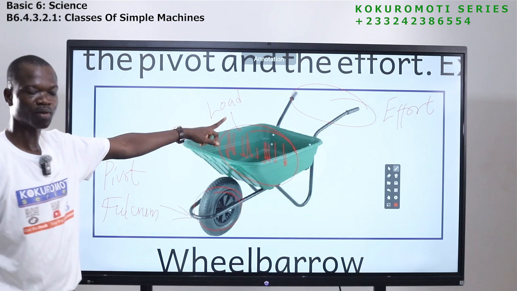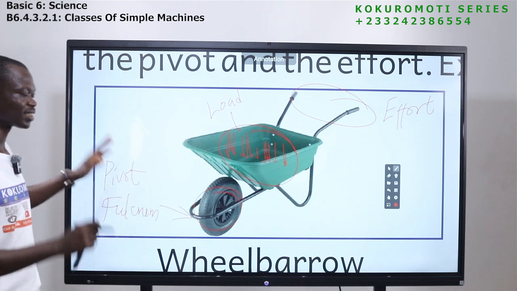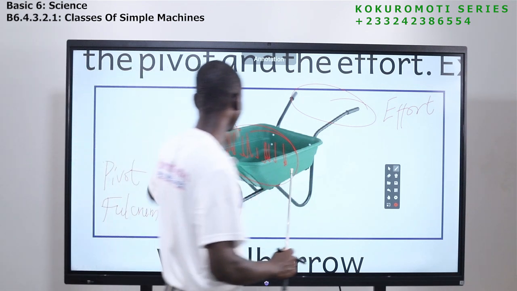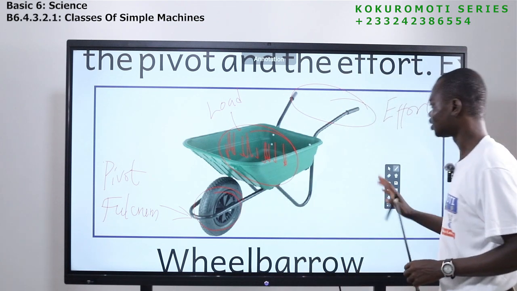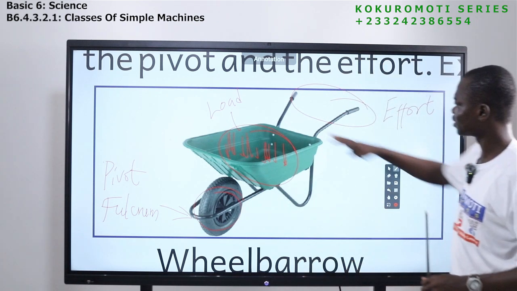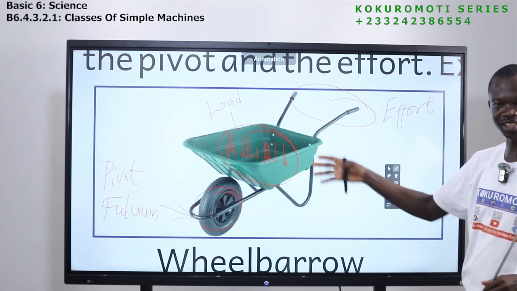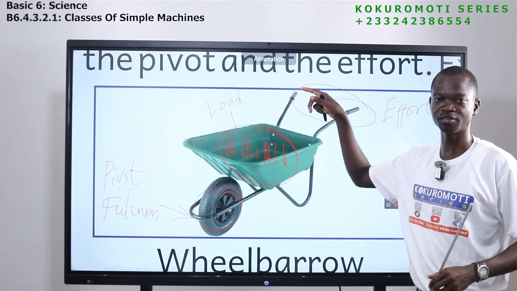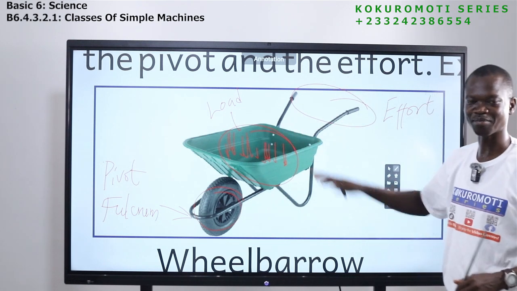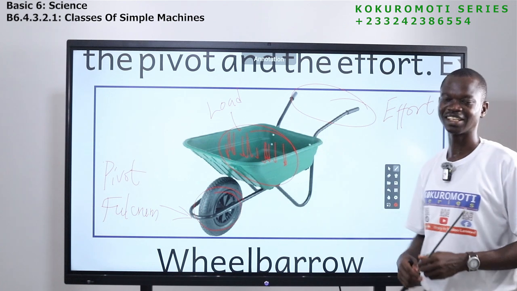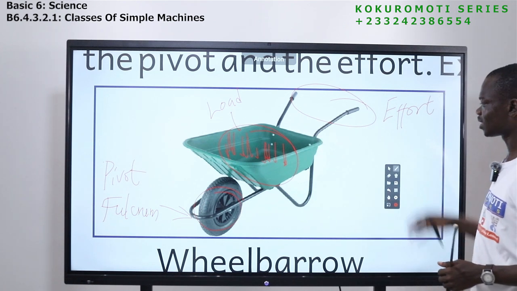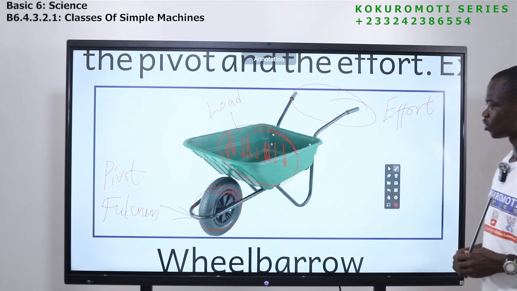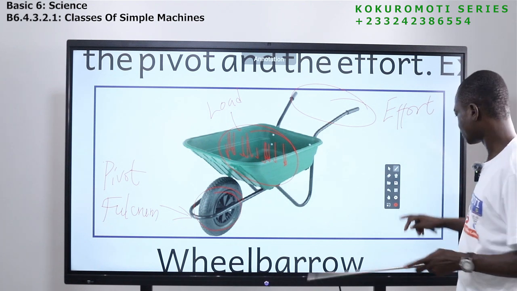This is the one at the center, the load. So with the second class levers, the load is at the center. Take notice. With the first class, the pivot or the fulcrum is at the center. But with the second class, the load is at the center. And then we have the effort and the pivot or the fulcrum at the other ends. Okay.